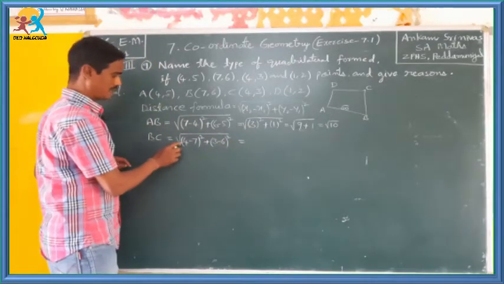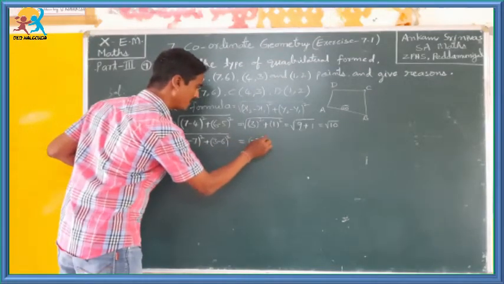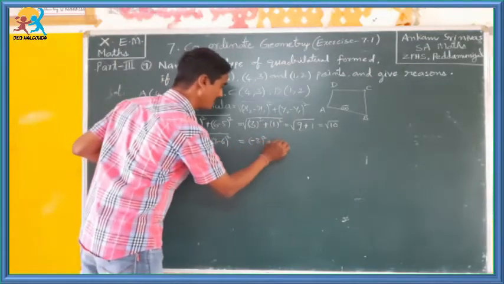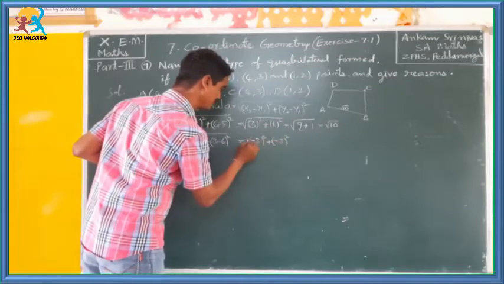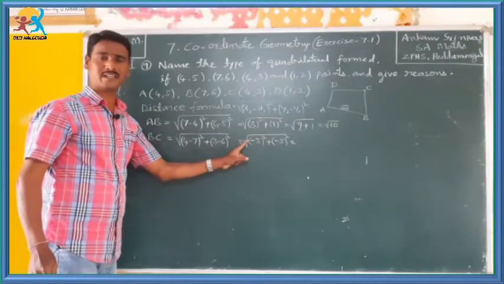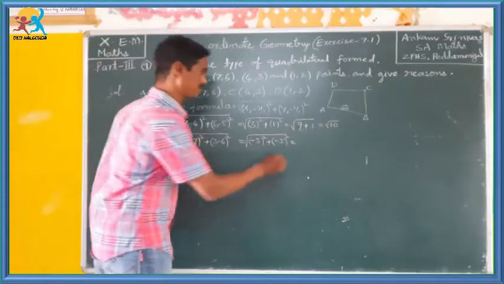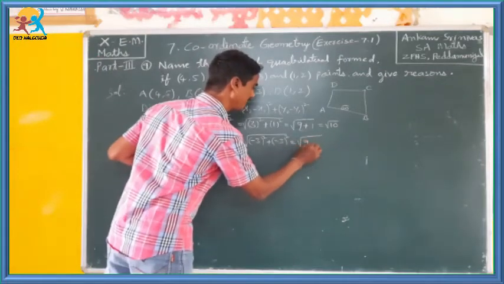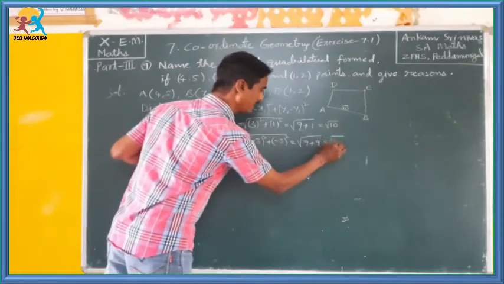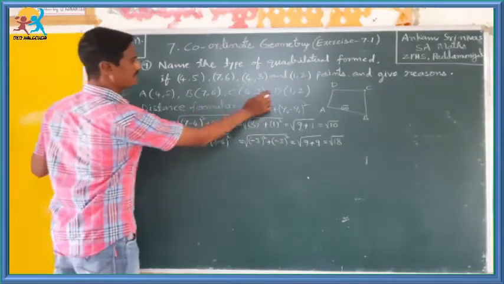Now children, 4 minus 7 is minus 3 whole square plus 3 minus 6 is minus 3 whole square. Minus 3 whole square means minus 3 into minus 3, minus into minus is plus, 3 into 3 is 9, and here minus 3 squared is also 9. And 9 plus 9 is 18. So BC is square root of 18.